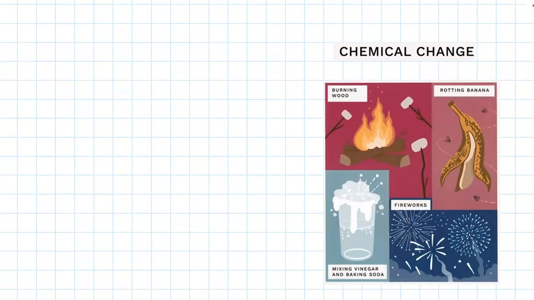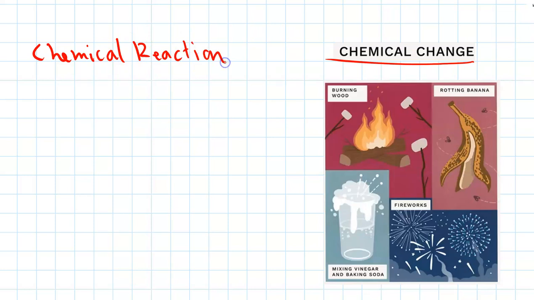Okay, well then what are chemical changes and chemical reactions? So firstly, a chemical reaction is the same thing as a chemical change. So you can use either one. With a chemical change, this is where the materials do change into a different form.